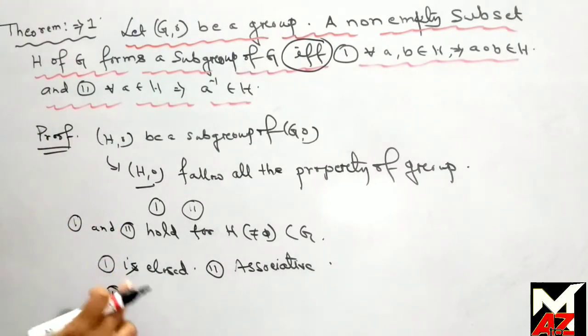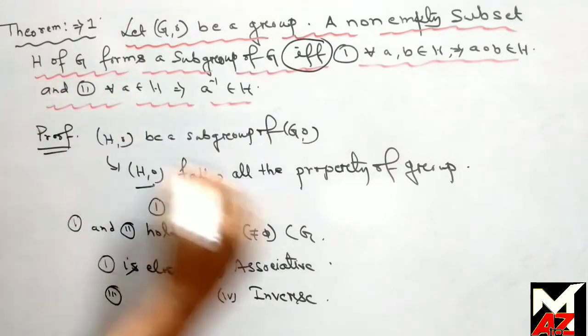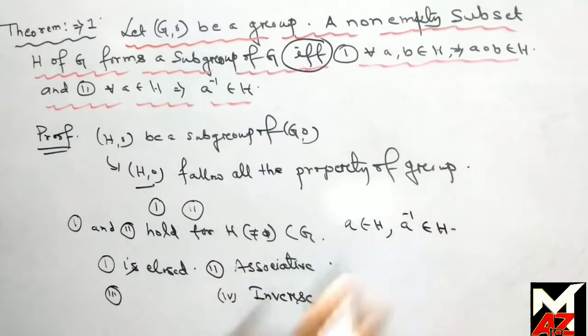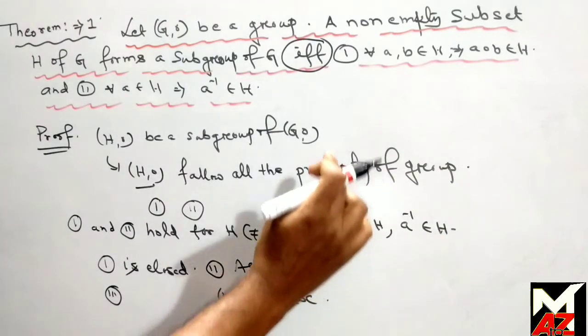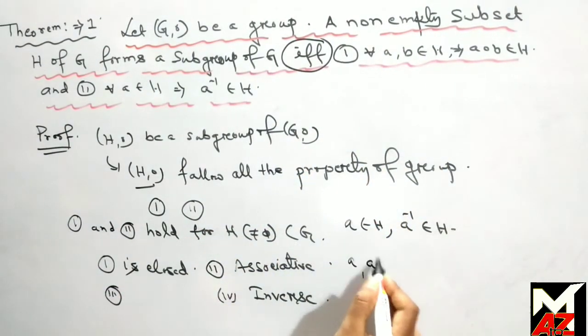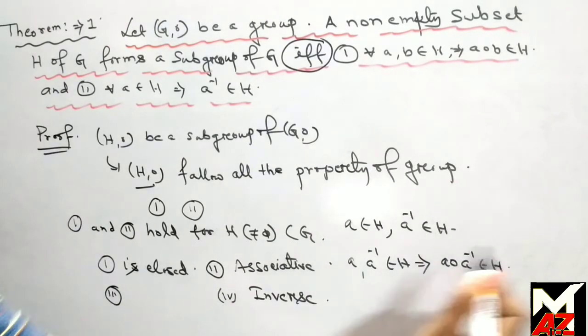And in 3, we have to prove identity, but the 4th property, inverse, is given here, because for all a belongs to H, a inverse belongs to H, so this is the inverse property. Now we take a belongs to H, we get a inverse belongs to H, and in place of b, if we take a inverse, then we get a ∘ a inverse belongs to H because of 1.